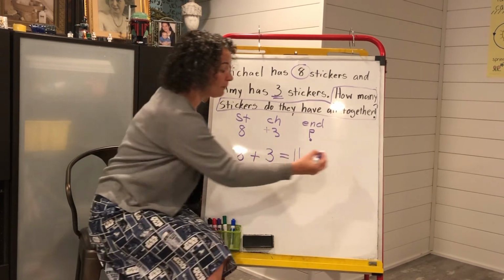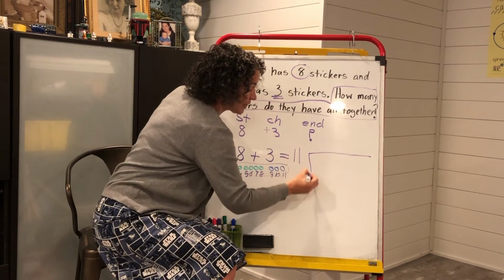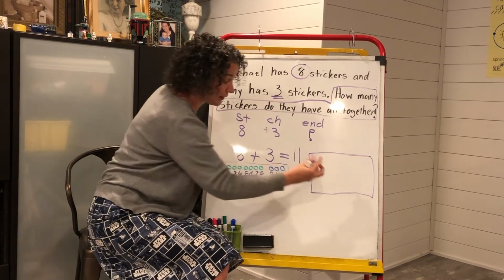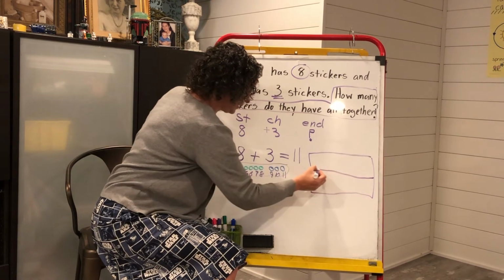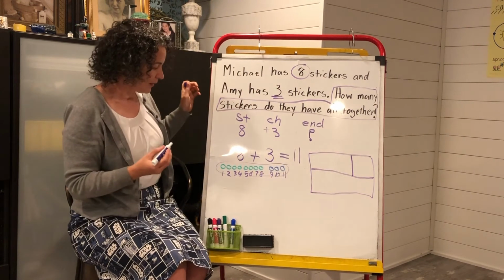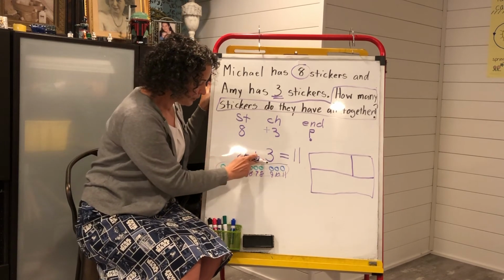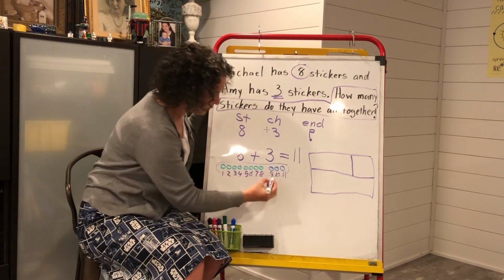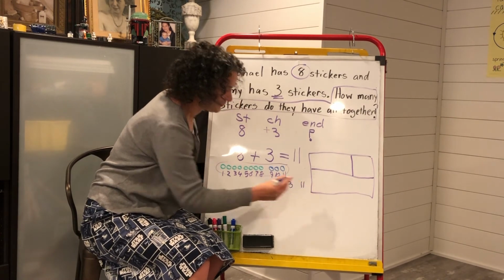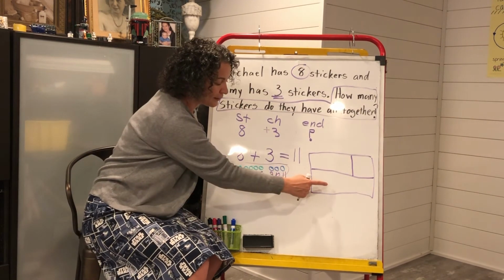Yeah, we need to draw a bar model so that we can show our information in another way. You remember, we draw a big rectangle, we split the rectangle in half, we split the top box into 2 boxes, and then we break it down. We're going to use 8, 3, and 11. I'm going to put them here. Biggest number goes in the biggest box.